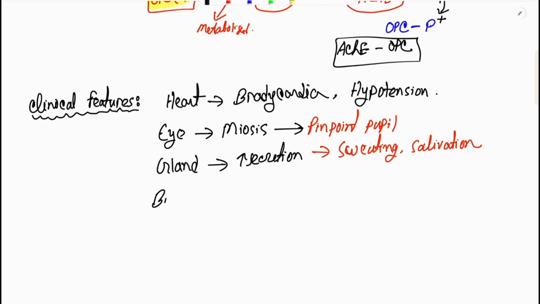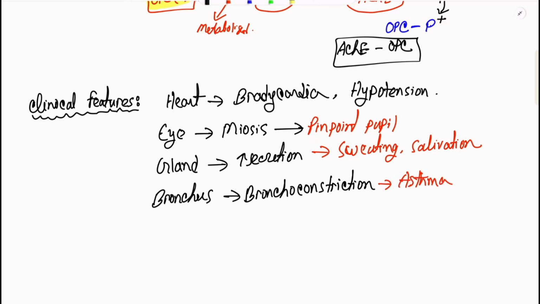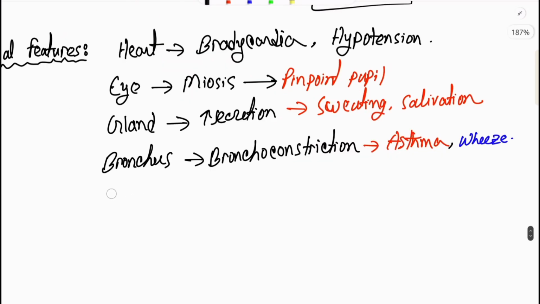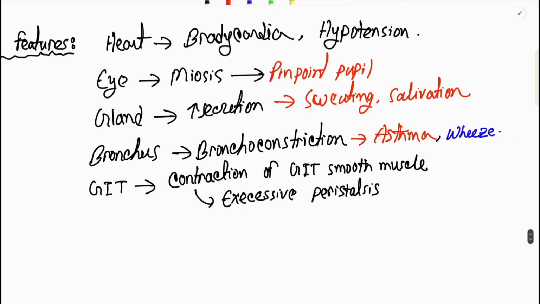In the bronchus, the parasympathetic nervous system causes bronchoconstriction, which leads to asthma. And due to increased secretion in the airway, there will be accumulation of liquid in the airway that leads to bronchial wheeze. In the gastrointestinal tract, stimulation of the parasympathetic nervous system leads to contraction of GIT smooth muscle, and that will clinically present as diarrhea and involuntary defecation.